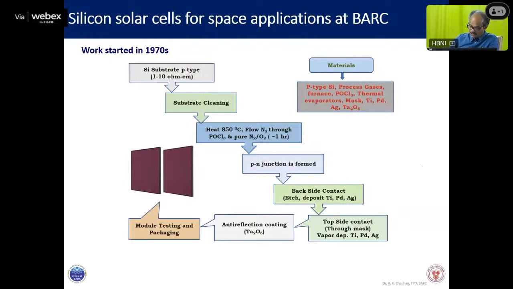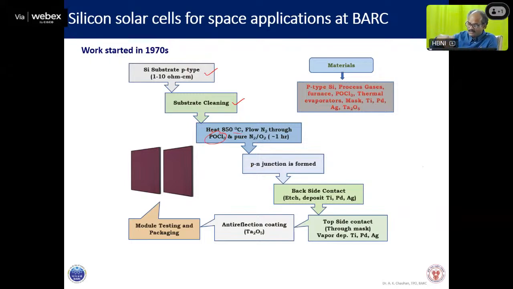This is the same thing which I explained, but in a slightly more detailed way, with finer details. You have a P-type substrate which was taken. First it is cleaned, then it was heated to 850 degrees centigrade, then nitrogen was flown, and then the doping of phosphorus was done by this process, where it was actually POCl3.